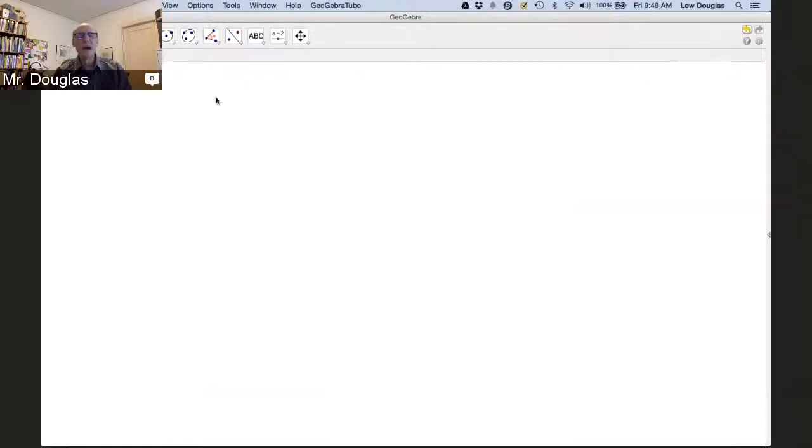We haven't talked about a slider. And sliders, this is a slider here, and these are really interesting and useful. So let's see, I want to try to make a slider for any angle of rotation.